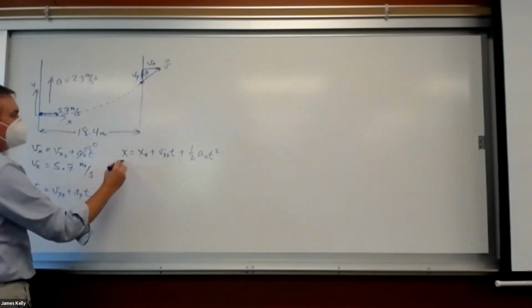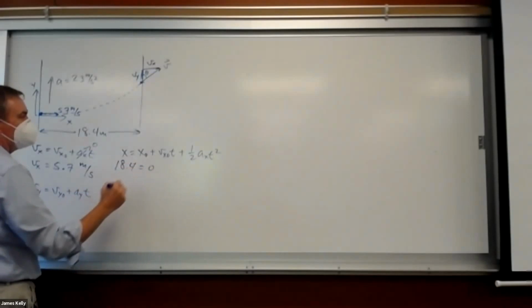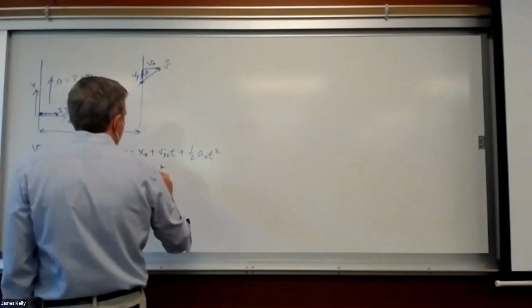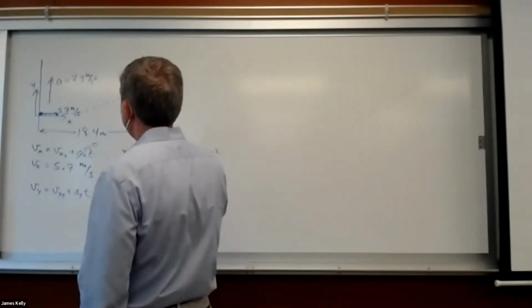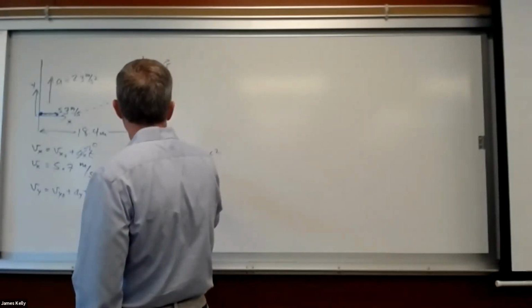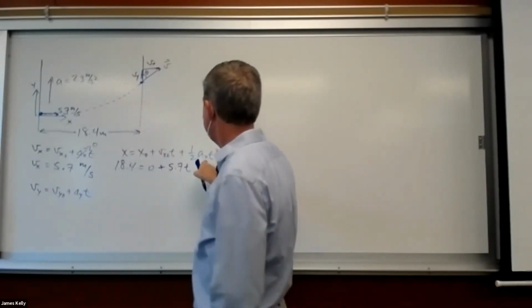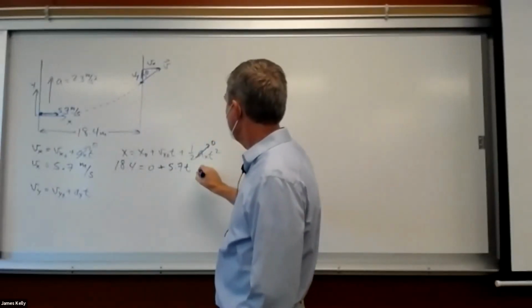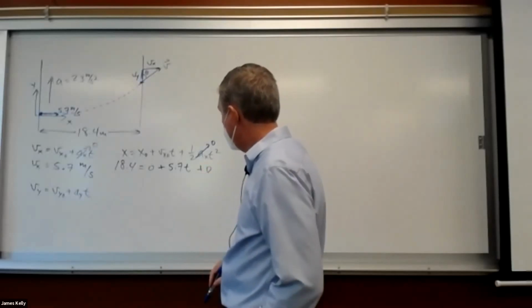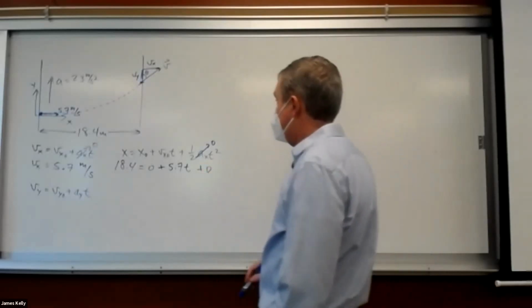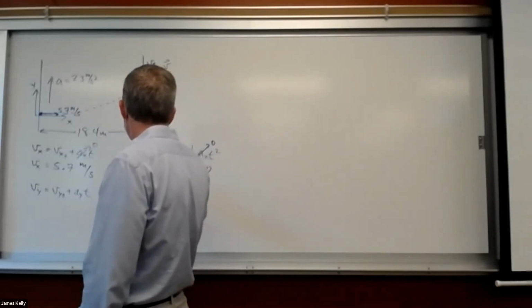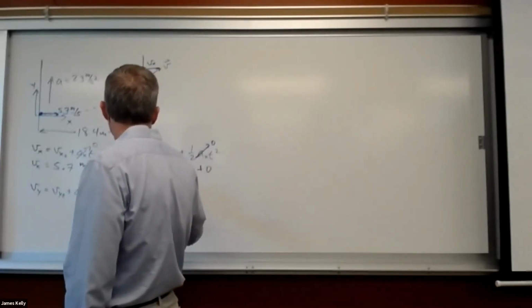Then x final would be 18.4, x initial is 0. Vx initial is 5.7 times t, and Ax is 0, right? It's not accelerating along the x direction. So that tells me t is 18.4 over 5.7, whatever that number is.